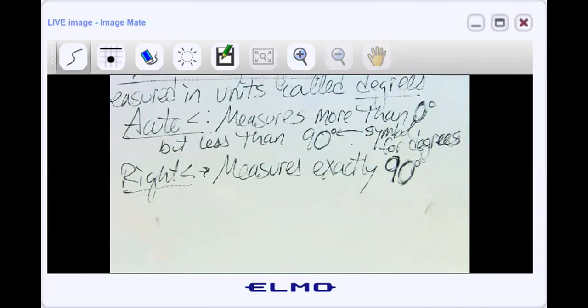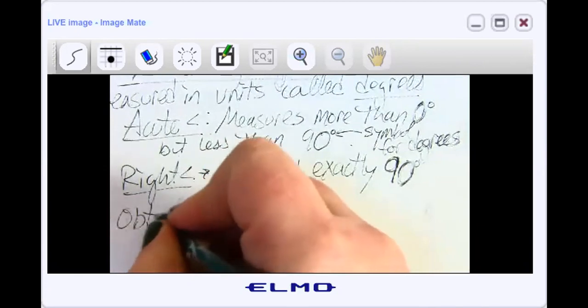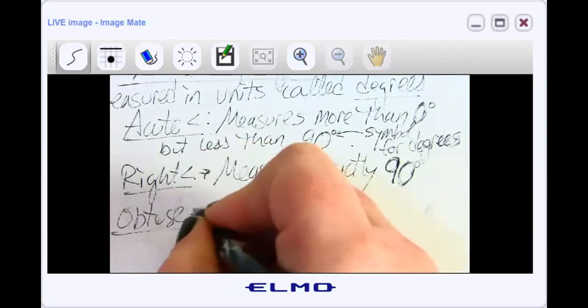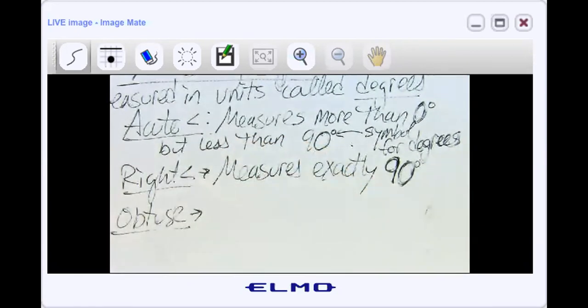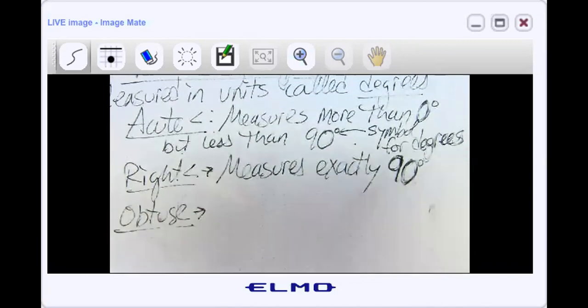Measures exactly 90. And then you have, when you go bigger than 90, what are those ones called? Obtuse. Yes, obtuse. And then there's 2 more after this. I wonder if you even knew that.